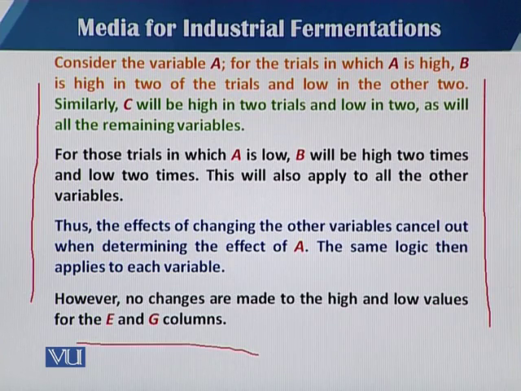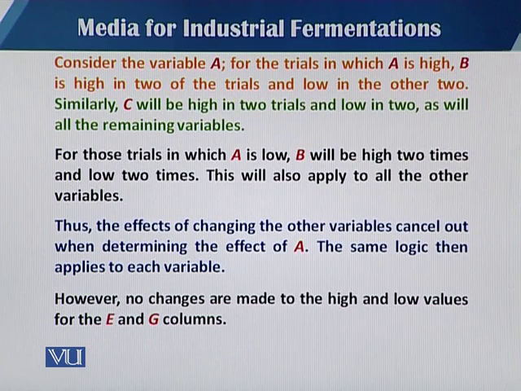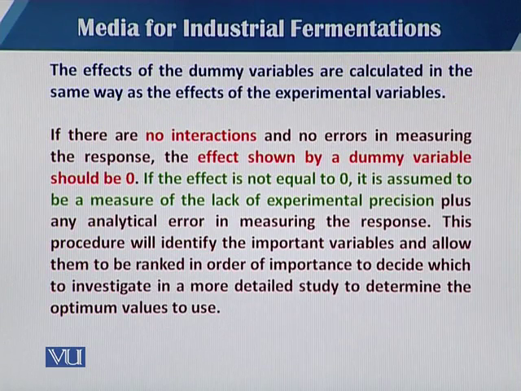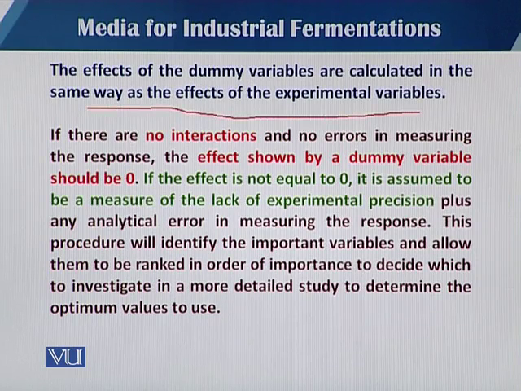As you have seen in the previous table, the yield of the product in 8 different strategies. The effect of dummy variables is calculated in the same way as the effect of the other experimental variables A, B, C, D. We know that E and G are the dummy variables, so the other 5 are the experimental variables.